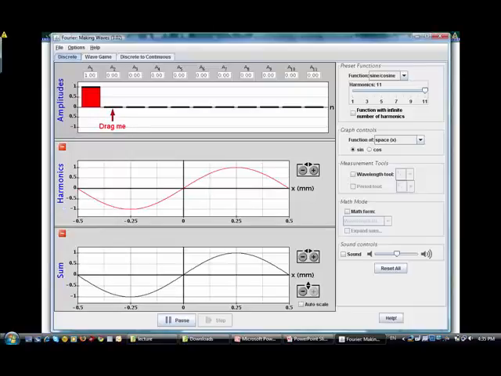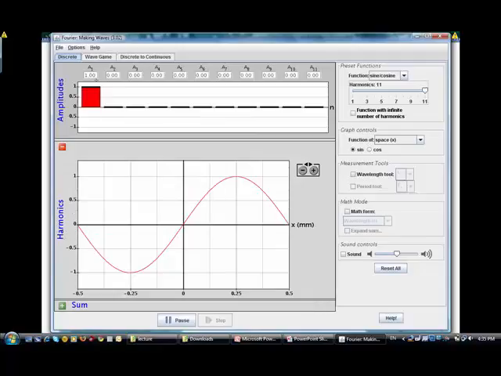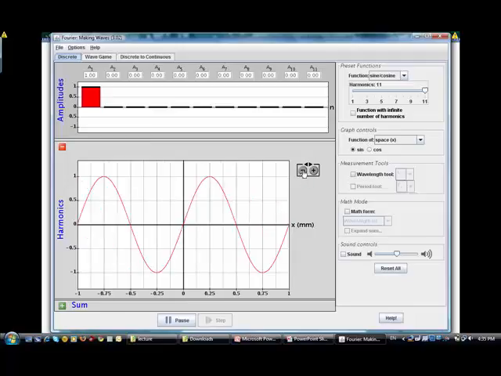Now, this particular simulation shows a lot of different things, and I'm interested only in a small part of it. So I'm going to remove the sum here. Unfortunately, I cannot remove the top screen, but I don't need it. And I'm going to make it show us a little bit more of the wave.